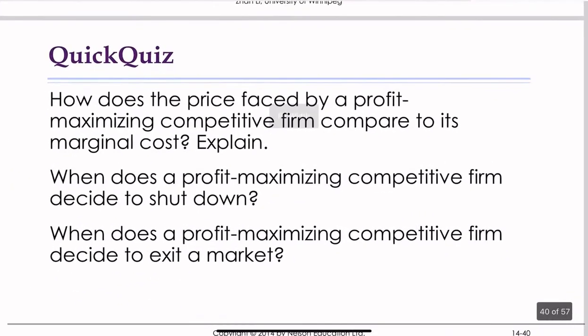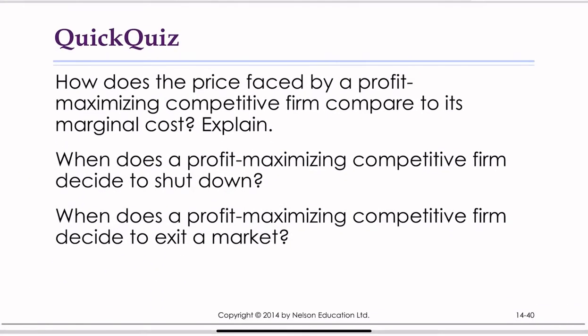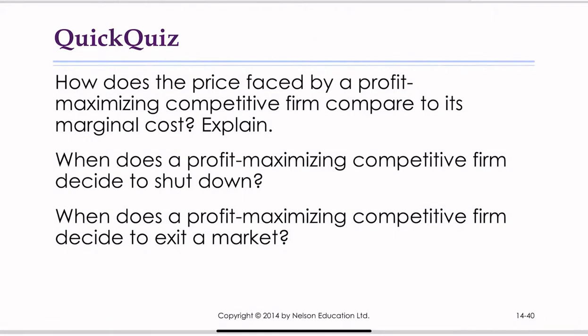Okay, now let's look at this quick quiz question. First, how does the price faced by a profit maximizing competitive firm compare to its marginal cost? Well, we learned price equals marginal cost. Right?